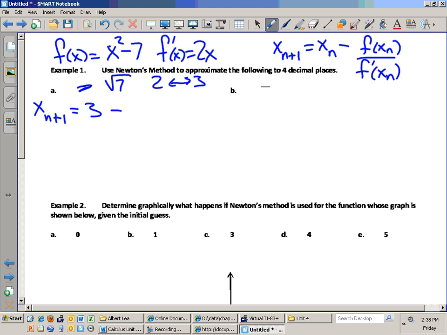The function evaluated at 3 is 3 squared, which is 9, minus 7, which is 2, divided by my derivative evaluated at my guess. The derivative evaluated at 3 is 6. And 3 minus 2 over 6 is equal to 2.6 repeating. So 2.6 repeating is my new guess.